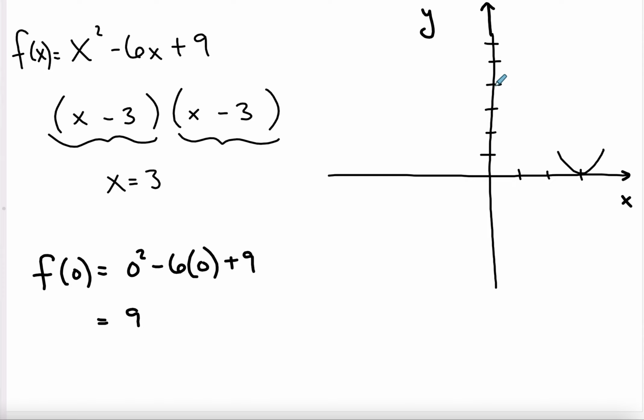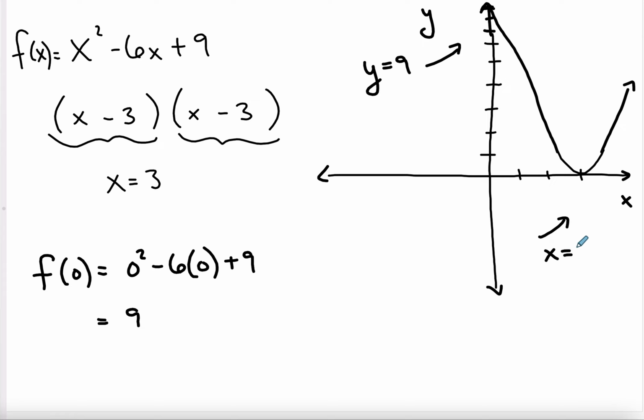So 1, 2, 3, 4, 5, 6, 7, 8, 9. And so it will cross through there. So we have a y-intercept of y equals 9, and an x-intercept at x equals 3.